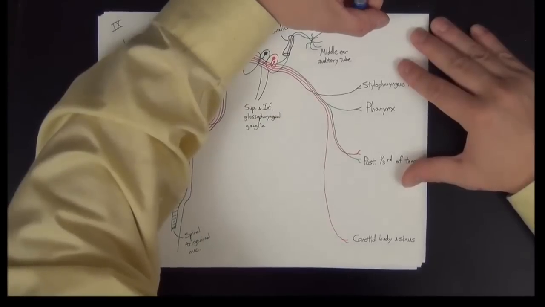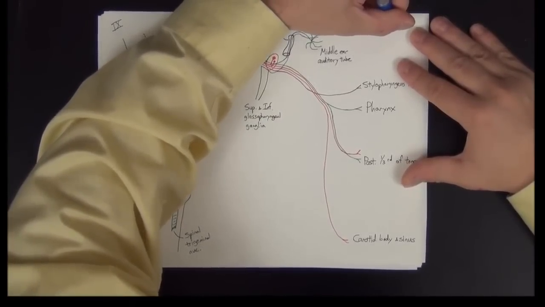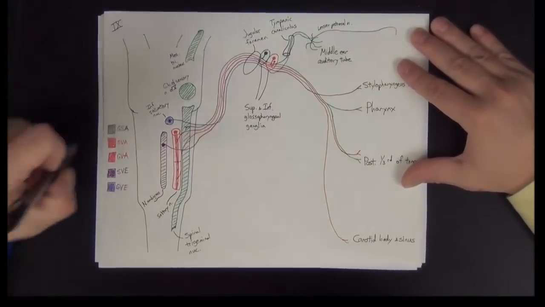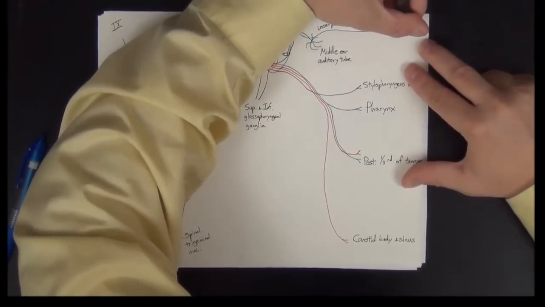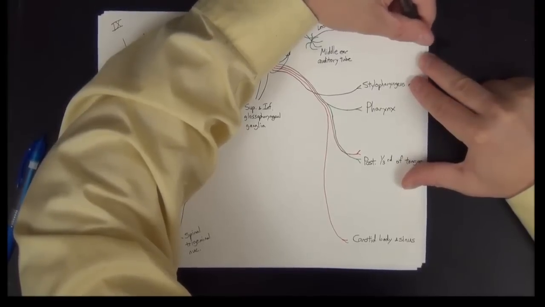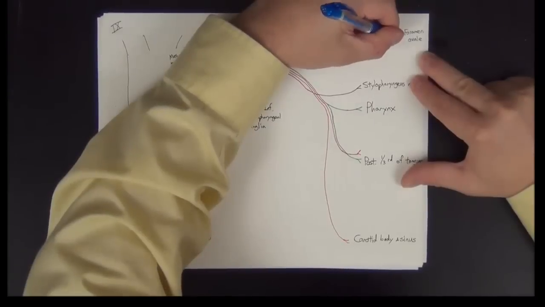Now these travel anteriorly and a little bit medially through the middle cranial fossa until they reach a nice round hole in the skull called the foramen ovale. And that's where cranial nerve V3, the mandibular branch of the trigeminal, is exiting.